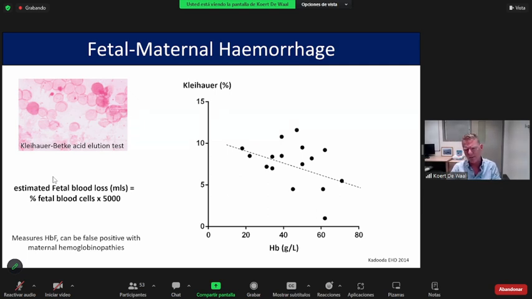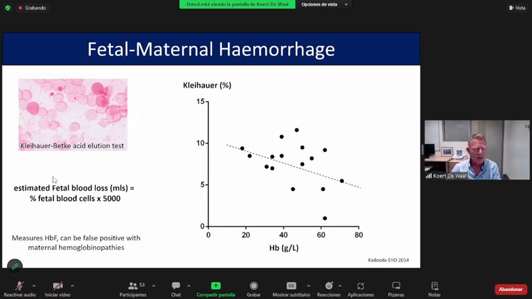I just mentioned one here, where the estimated fetal blood loss can be calculated or estimated from the blood in mom. As you can see on the right, there is a not strong, but certainly a relationship between the percentage, which is the estimated fetal loss, and the actual hemoglobin in the baby, which can be quite significant in this cohort, which was published in 2014.